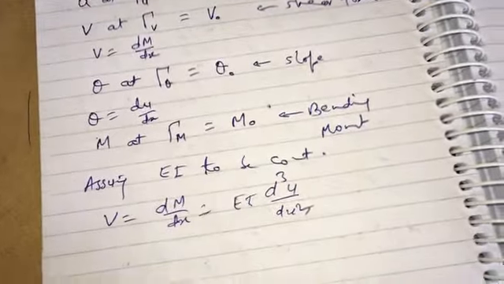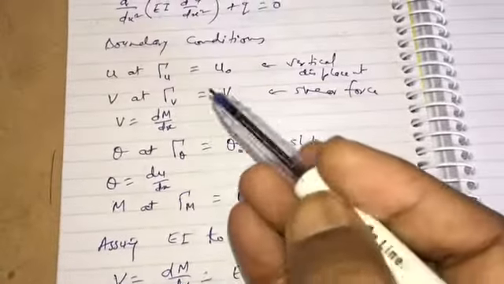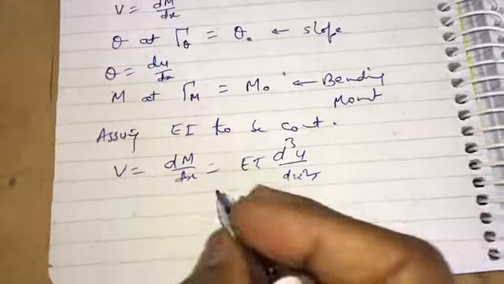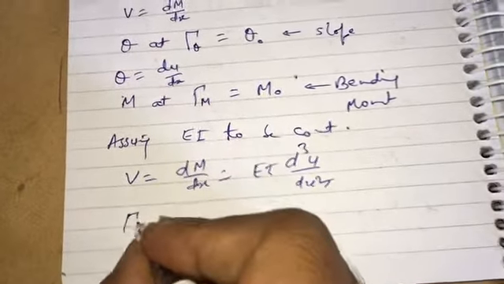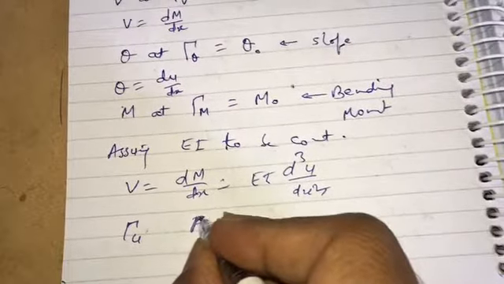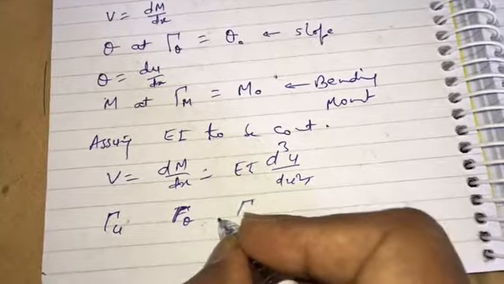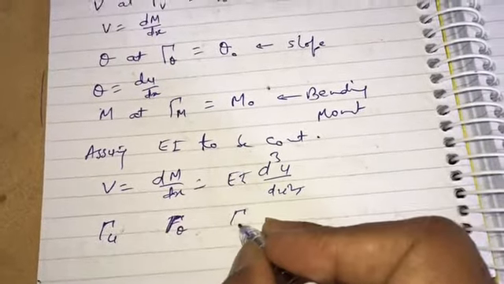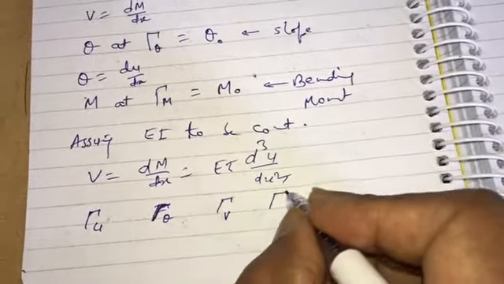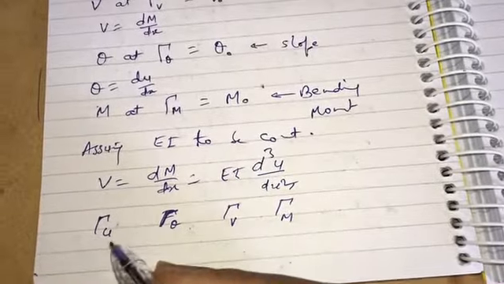So this is what V will be. So what we have are the boundaries: gamma u, gamma theta, then gamma V, and gamma M.